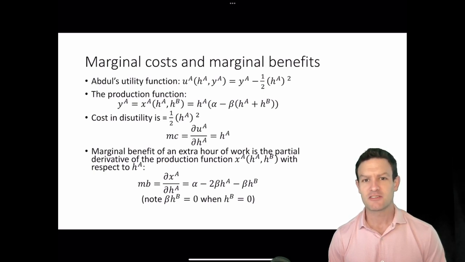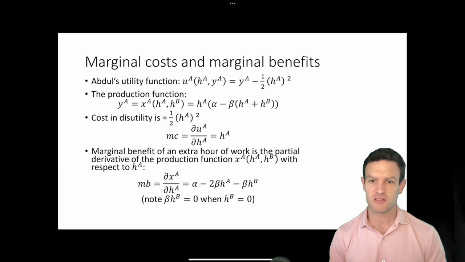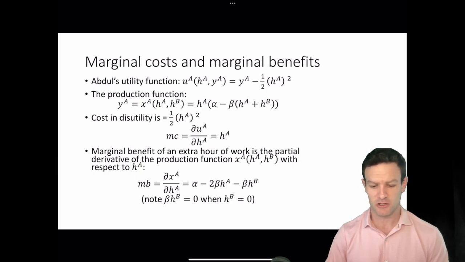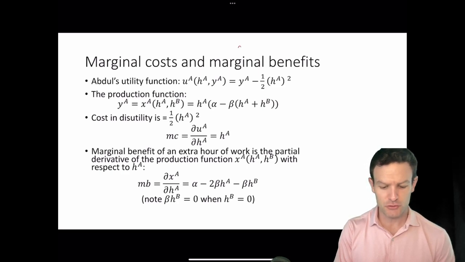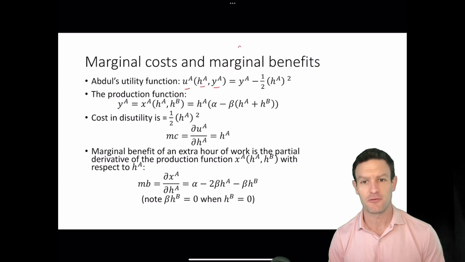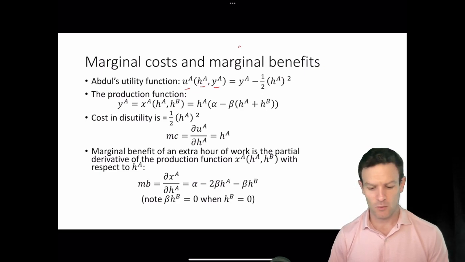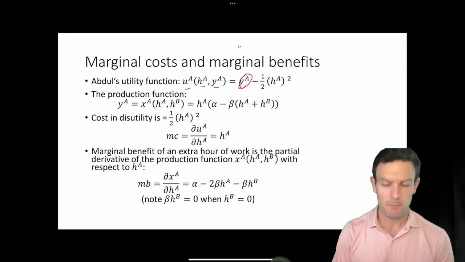Okay, so let's look at some of these ideas. The first thing to think about is Abdul's utility function. So what do we say here? We say that Abdul's utility function is dependent on his hours of fishing and YA, his fish that he can consume. Now, YA is positive.